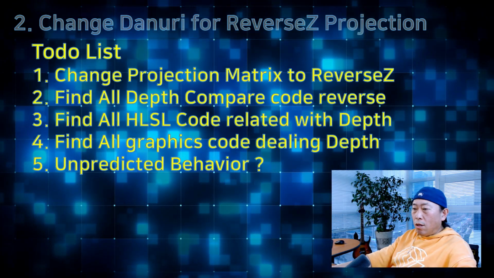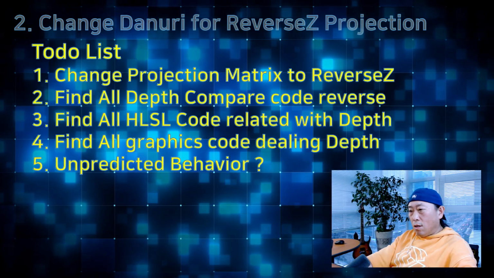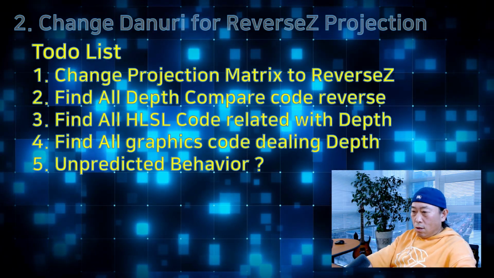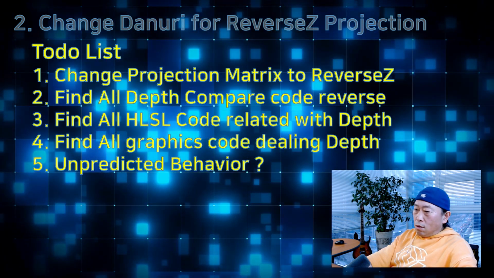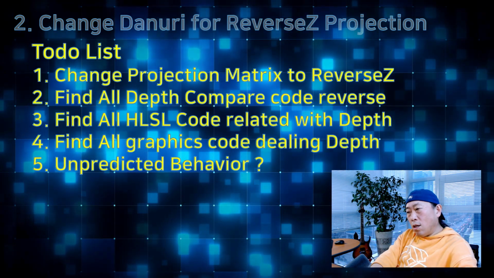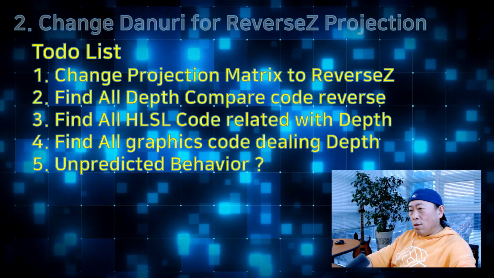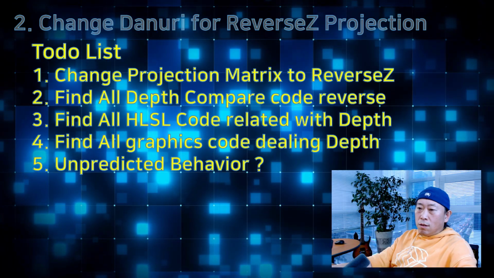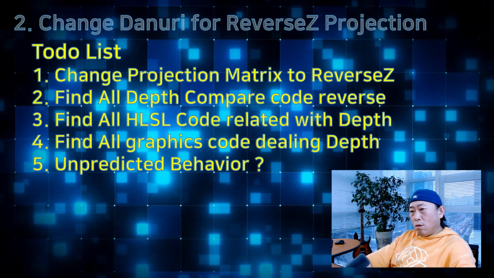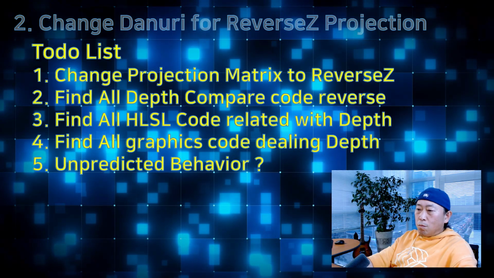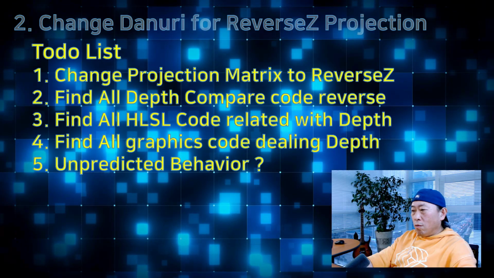So there is a lot of code to fix: the engine code, HLSL shader code, every code dealing with depth. I have to find every piece of code manipulating depth. Then we have to test the result. Despite all the effort, there may be unpredicted behavior.